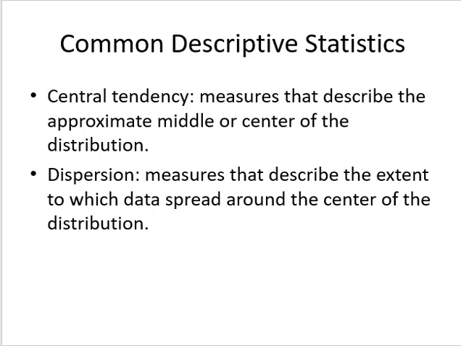Values about the center, that is central tendency. Values which tell you the variation from the center, that is dispersion. So these are the two types of descriptive statistics, which tell you about the type of data. We will look at each one of them, it will become much clearer.